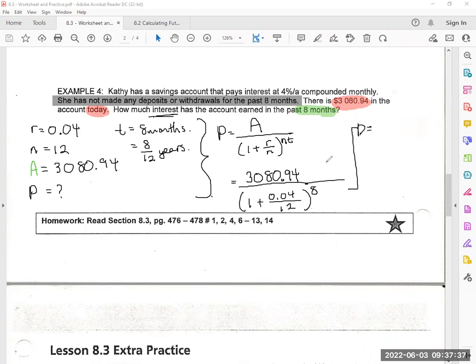Please make sure you're putting the calculator to good use, that you are not making any algebra mistakes on this calculator. And see if you get the same answer as me. P is equal to exactly 3,006.